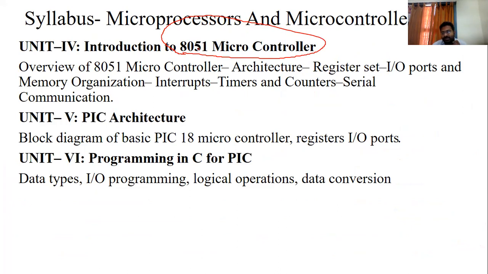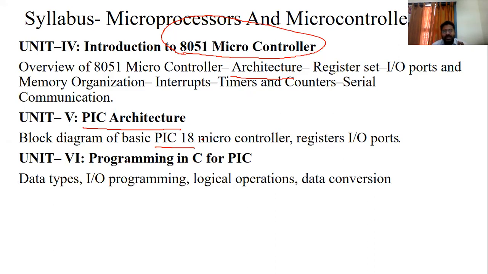What are the advantages of a microcontroller compared to the microprocessor? You can see the architecture of microcontrollers, and how they work, the operation of the microcontrollers. We are going to discuss all these things. Then the next one is the PIC, a programmable interface controller, the PIC 18 controller.